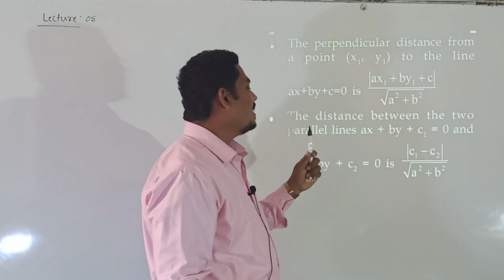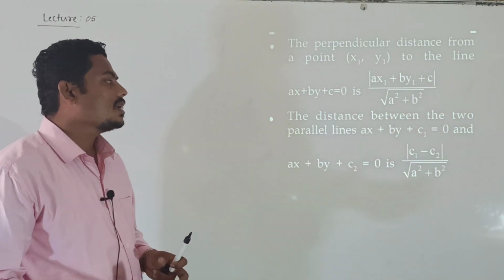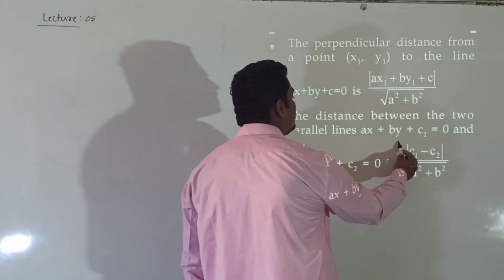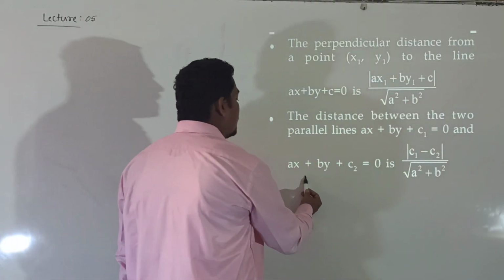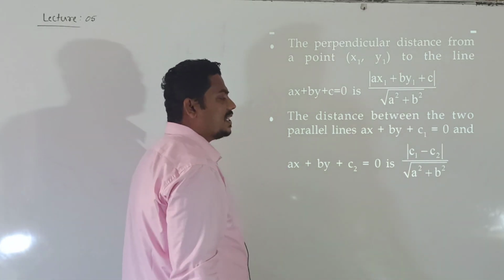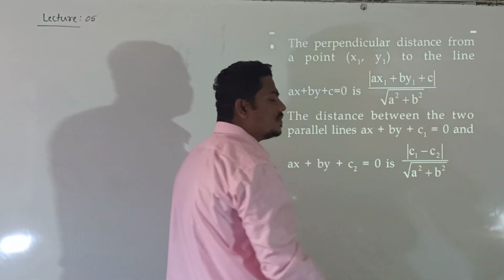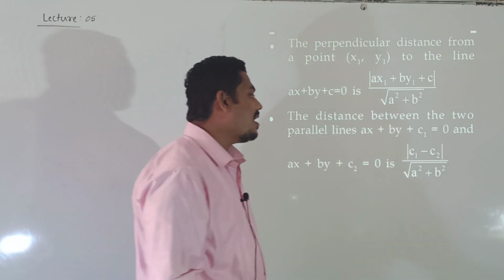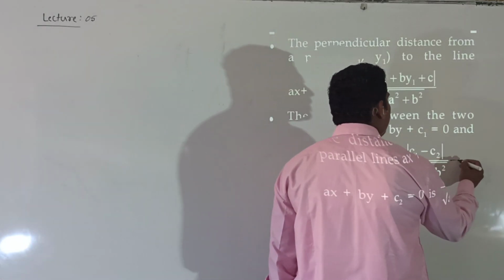Next, distance between two parallel lines. The distance between two parallel lines ax plus by plus c1 equal to 0 and ax plus by plus c2 equal to 0 is modulus of c2 minus c1 divided by the square root of a square plus b square, or c1 minus c2.